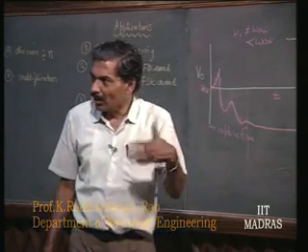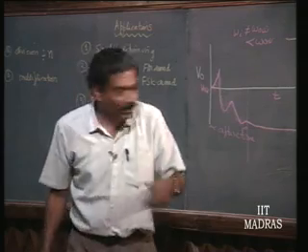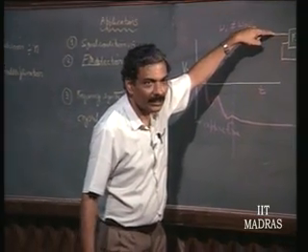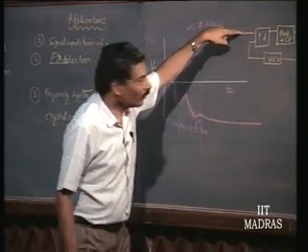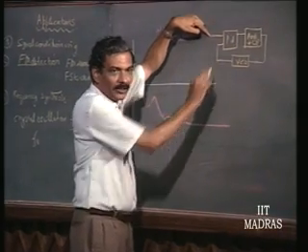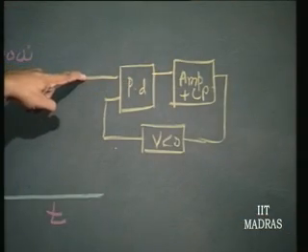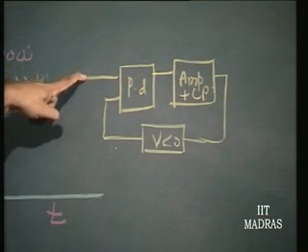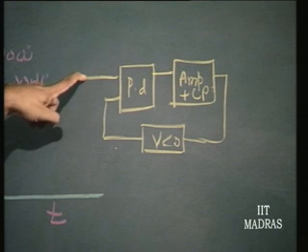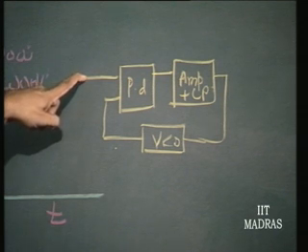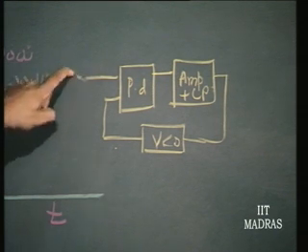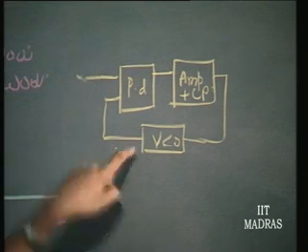So it can get locked on to the third harmonic component of this signal. What will be produced at this point is still close to 1 megahertz. It need not be really 1/3 megahertz, it can be close to 1/3 megahertz. If it is close to 1/3 megahertz, this will be close to 1 megahertz, locked on to that.